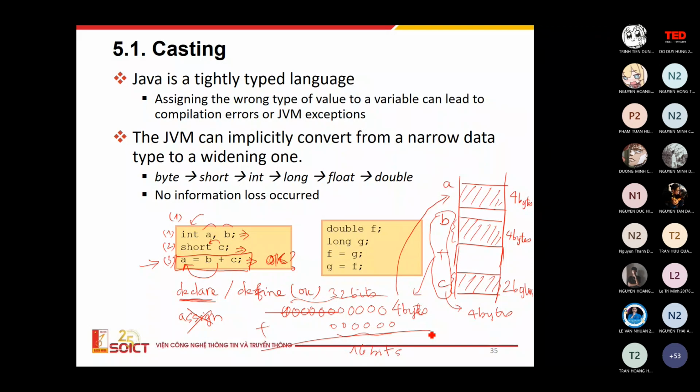To make the sum between the two values here, you have to add 16 zeros before C. That means Java needs to convert C into which type?